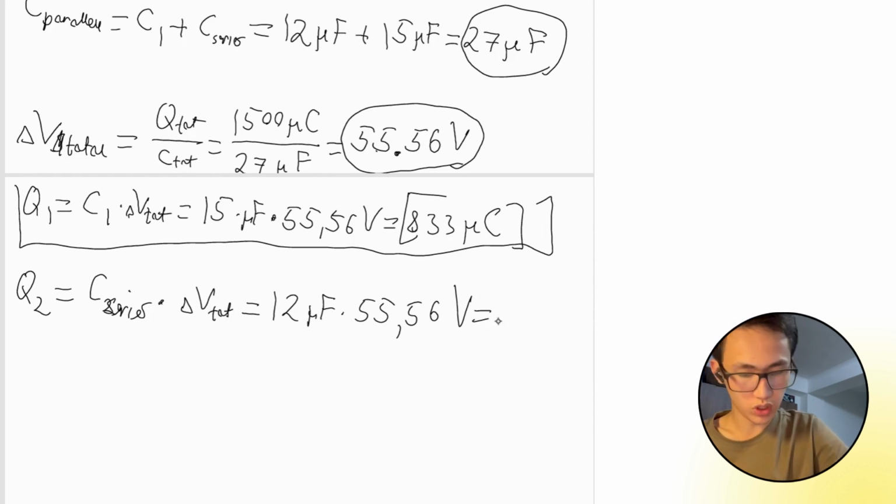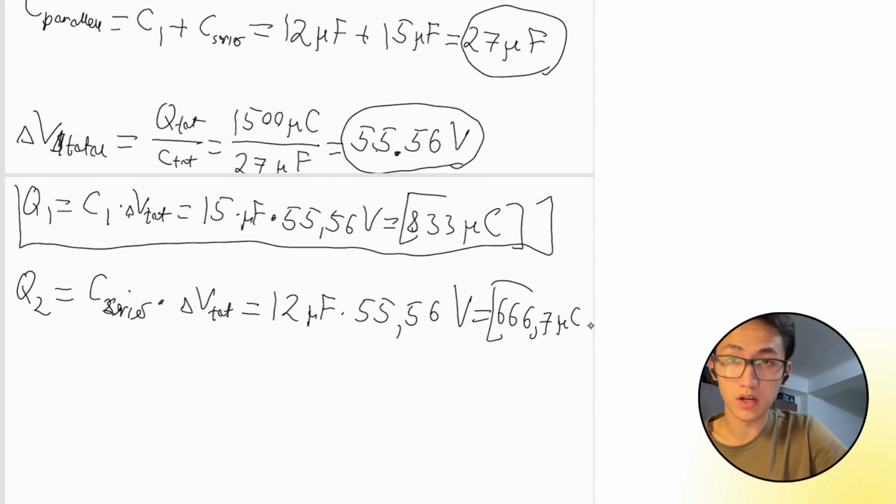According to the calculations, we found that it's 666 microcoulomb. We found the charge Q2 on the second capacitor, and after that we need to find Q3.